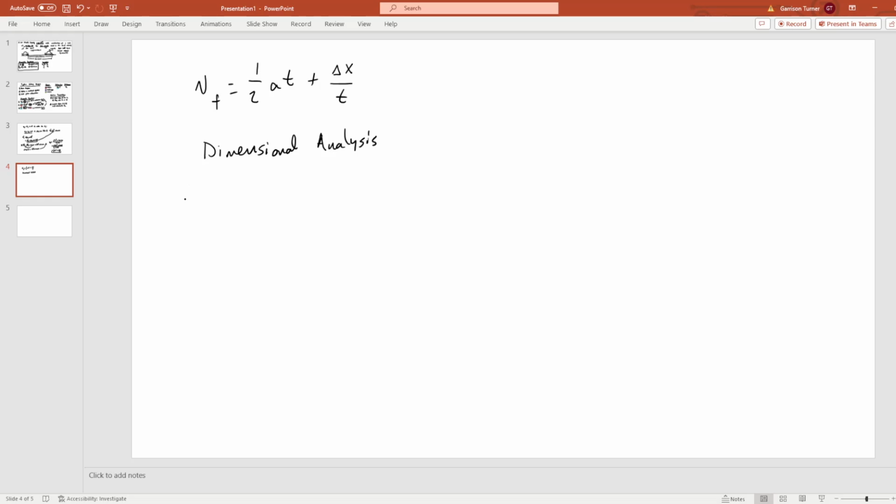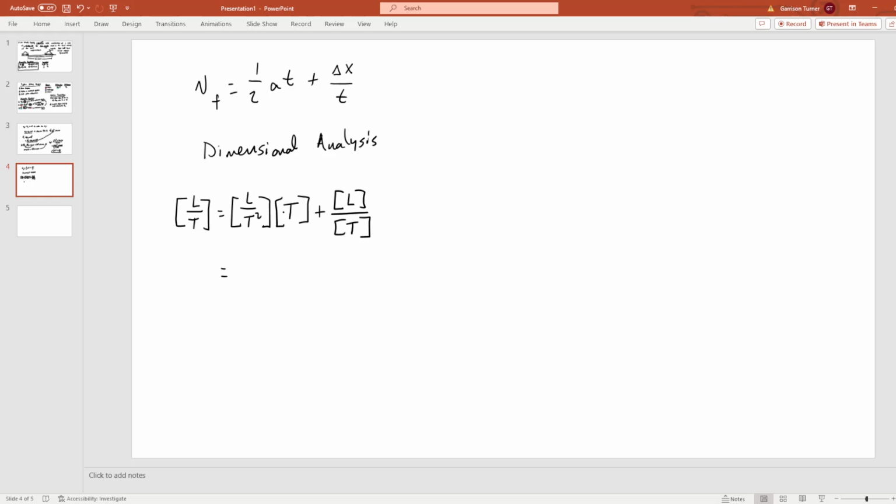So VF carries units of velocity, which is length per time. 1/2 doesn't get units, but acceleration does. So this is going to be length per time squared. T gets units of time. And delta x is going to get units of length. And t is going to get units of time.